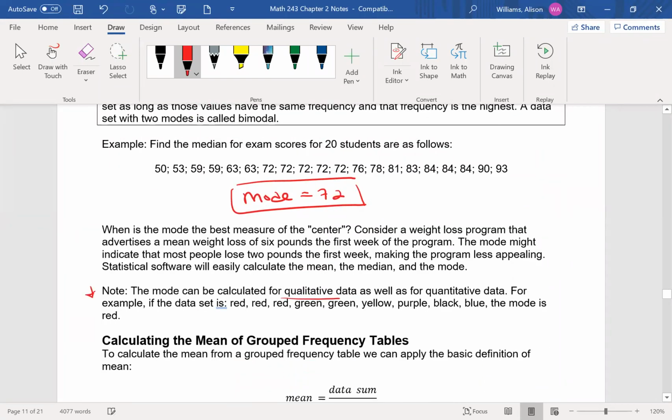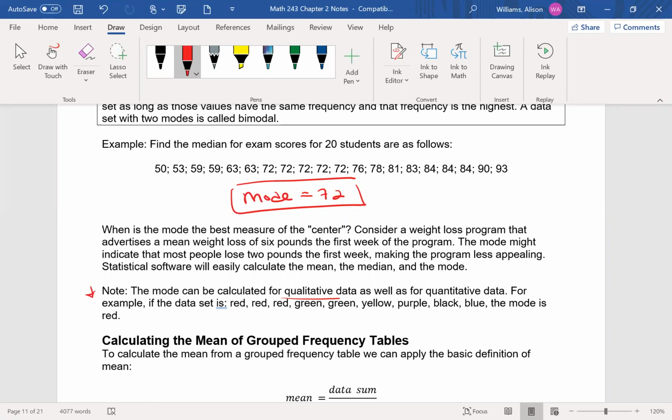So it works best for qualitative data because there's no way to find a mean when you're talking about colors. Really, in that type of an example, you would have to say the most occurring color, it would be the mode, and therefore that would be the only measure of center we would have for that data.